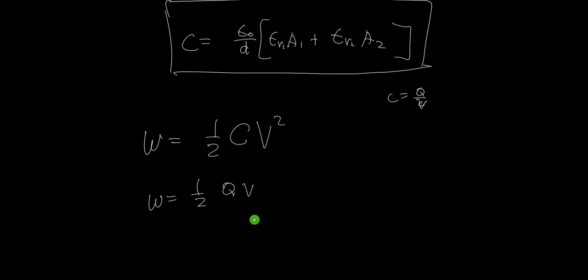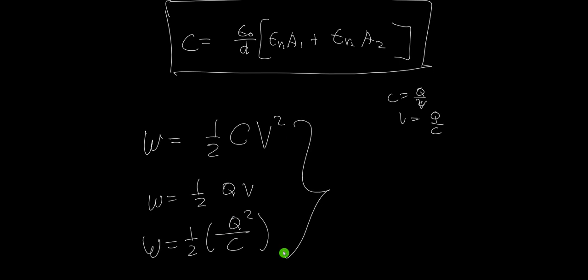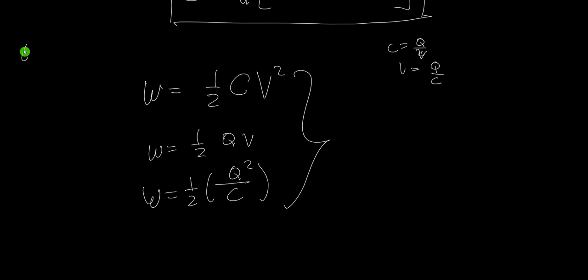Another one is if I change V instead of Q. If I solve for V here, V is equal to Q over C. So you square that, and the energy will be equal to 1/2 of Q squared all over C. The other C will cancel out, leaving C in the denominator. So these are different formulas for different events, for the energy stored in a capacitor.